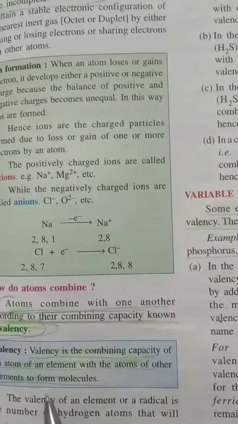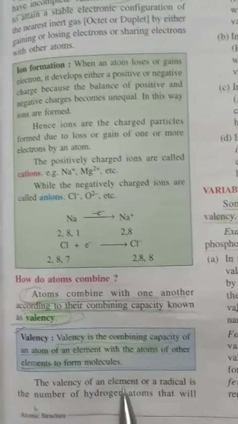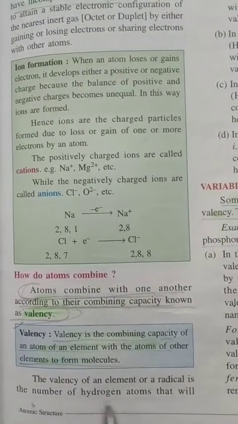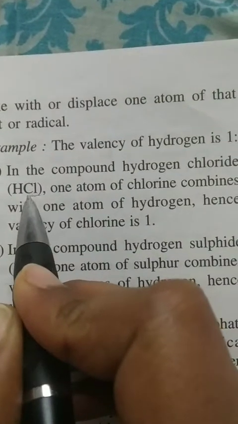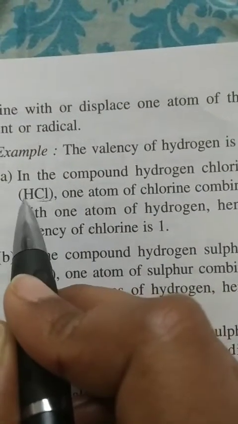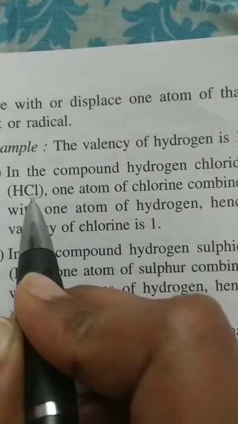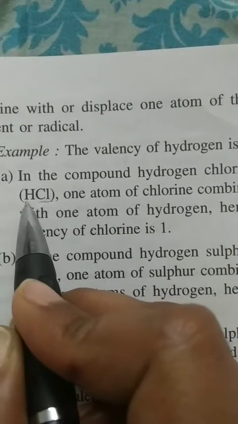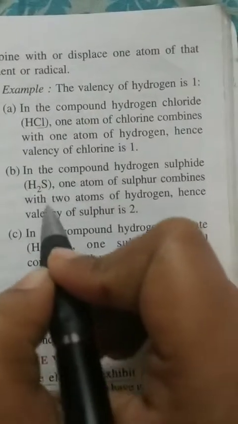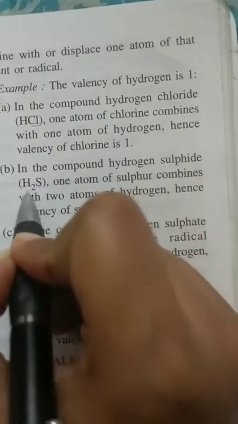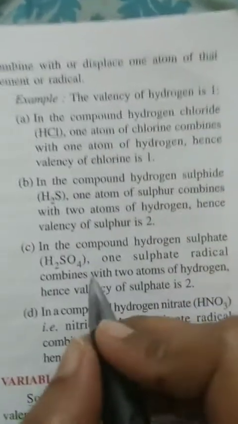Valency, earlier times children, they used to consider with the number of hydrogen atoms. Like for example HCl, what is the valency of Cl here? It is the number of hydrogen atoms which are combined with Cl. So the valency of Cl here is 1 because 1 hydrogen atom has combined. Valency of sulfur here 2 because 2 hydrogen atoms have combined.